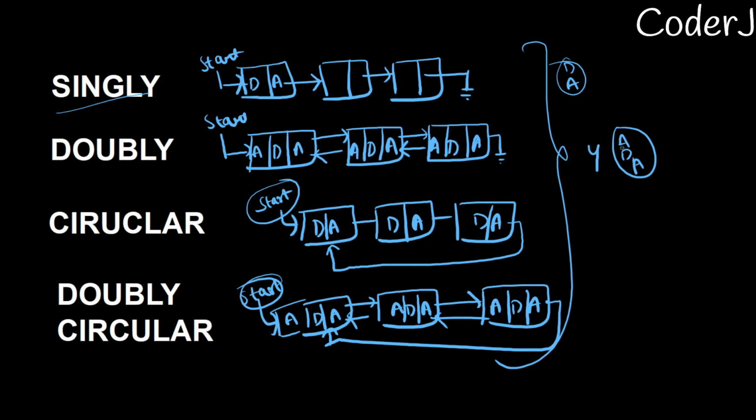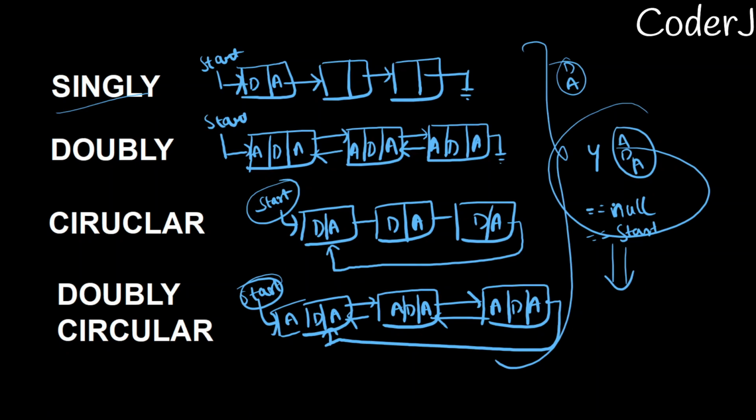Since you already have the address of the previous node and the next node, you can traverse anywhere you want. In circular, the only thing that changes is that instead of checking for the existence of null, you will be checking for the existence of the start node. And what about doubly circular? Just combine both of them and you'll get doubly circular.